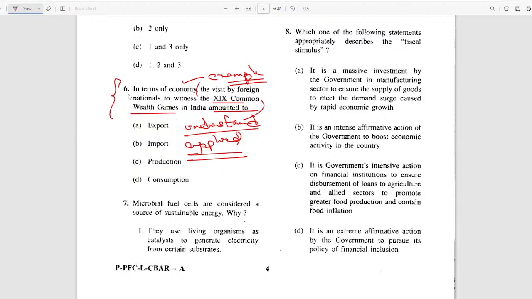If they give you an example, say that in COVID, everyone wanted a laptop, but there was no laptop available, so laptop prices increased, they may give you options like demand pull or cost push inflation. So you have to clearly understand the concepts: what is inflation, what is deflation, what are the types of inflation, and all that.